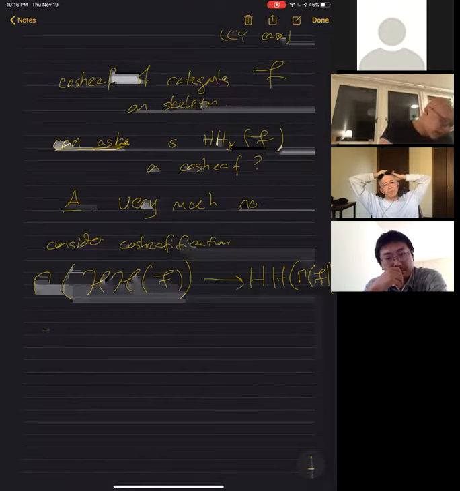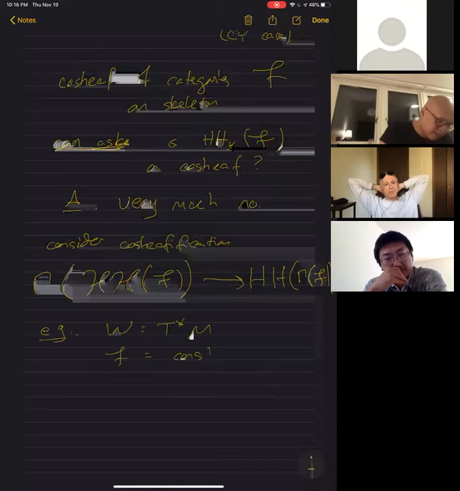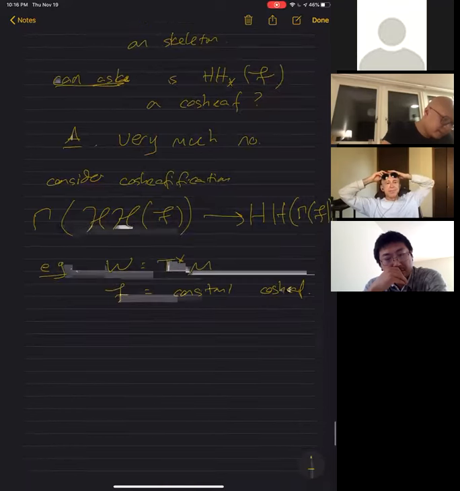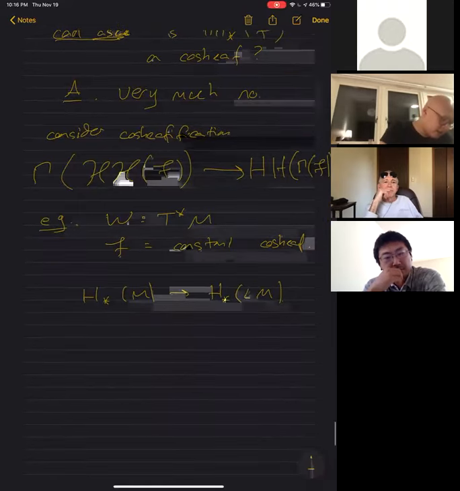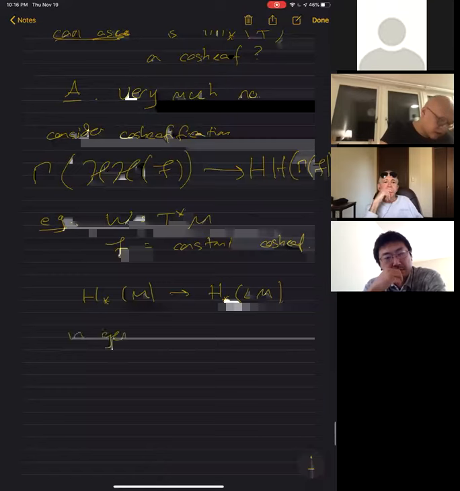And so the example is when we take this original W is T star M, and this F is the constant co-sheaf. And in this example, this map is the map from homology of M to the homology of the loop space of M. And in general, that's a theorem.